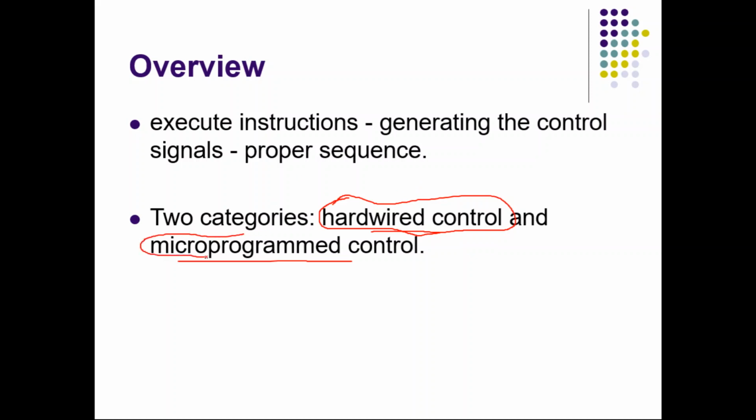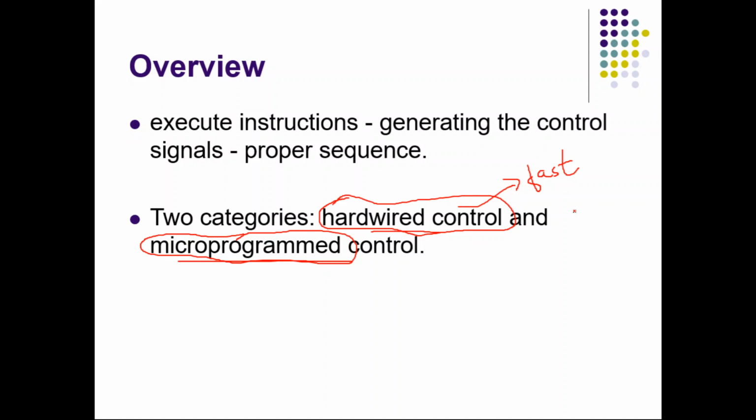Fine. So is there any advantage of hardwired control or microprogrammed control? Yes, each has its own advantage. The advantage of hardwired control is that it will be very fast, because the hardware units are directly connected, and the signal is sent from one unit to another unit, so it will perform very fast. But the disadvantage is that it does not have flexibility.